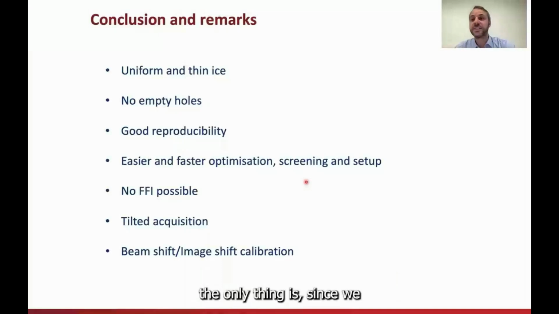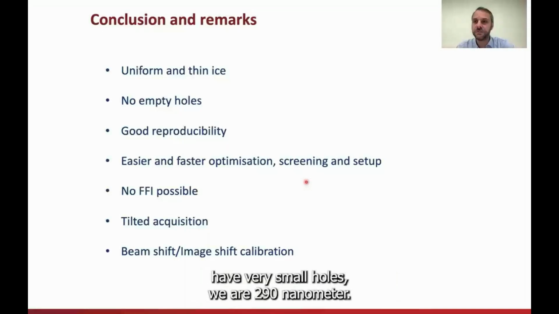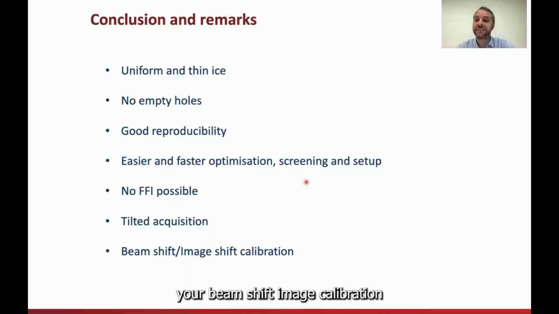The only thing is, since we have very small holes, 290 nanometer according to the catalog, your beam shift image shift calibration has to be quite accurate, especially when you are using the faster option in EPU, when you move up to 10, 15, 20 micron beam shift image shift.